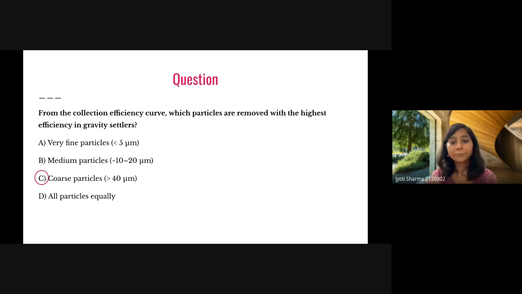So this is C. Whenever the particle size is large, there is gravity that will drag that particulate matter to the bottom or onto the surface. So whenever we have large size, it means more collection efficiency.